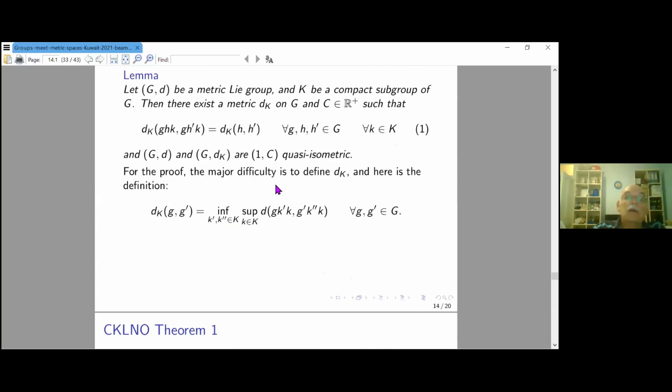When you write it down with sups, it's not very clear, but you can take points G and G prime, and both have right K orbits, so you multiply just by elements of K on the right.